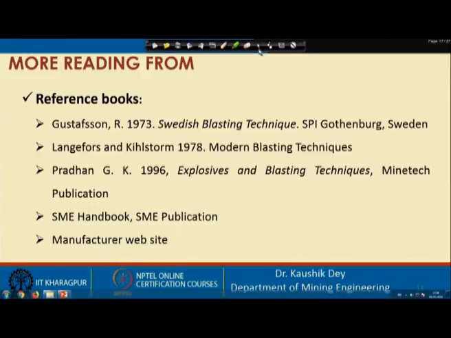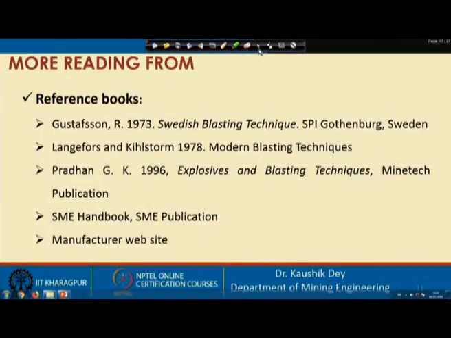Basically we use this criterion for our blasting purposes while we are using the explosive for fragmenting the rock, and we are able to utilize this time gap between the shock release and the gas release from the explosive for our benefit. There are a few reference books, you can go through those books for understanding a little more on the elaboration of this.